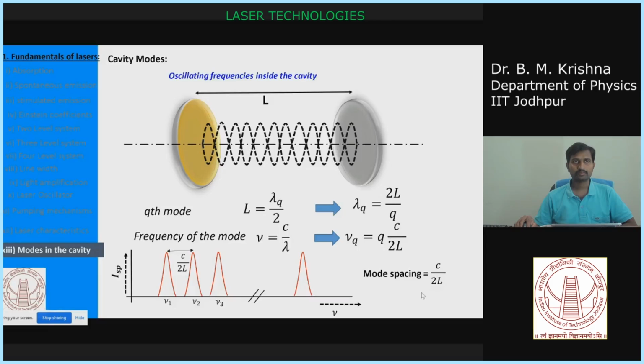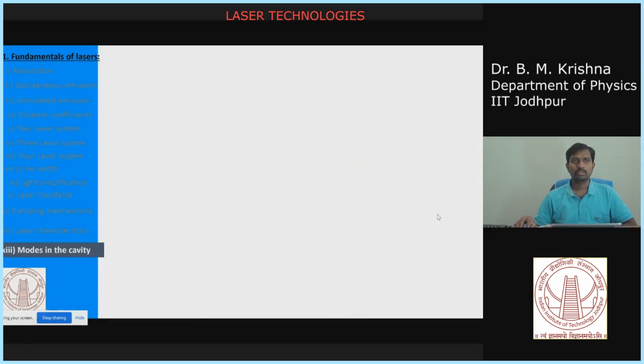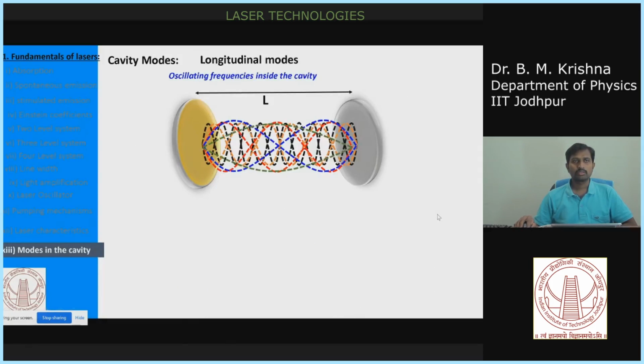So this is our optical axis, and the modes are propagating along the axial direction. So these modes are called longitudinal modes. What we have been discussing so far inside the cavity are longitudinal modes. Now you extend your number of modes, and n modes can oscillate inside a cavity.